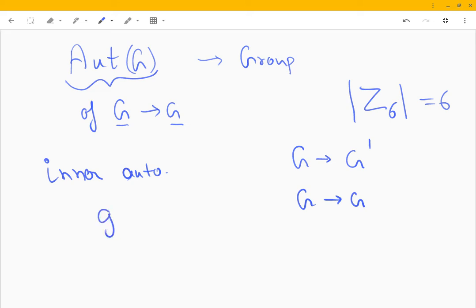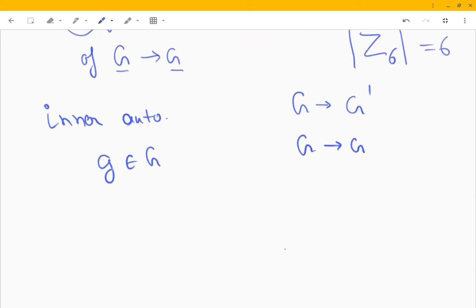We take an element from the group and then we define a function. So isomorphisms, homomorphisms, automorphisms, these are basically functions. If phi is that function and it satisfies this property, then it is called a homomorphism.